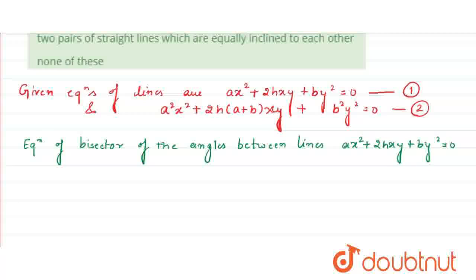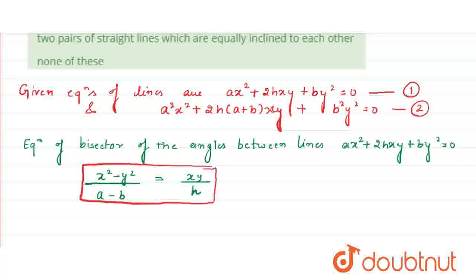As I said earlier, this is basically a general equation, and the formula for the equation of the bisector is (x² − y²)/(a − b) = xy/h. So this is the general formula, and the first equation is the general equation.